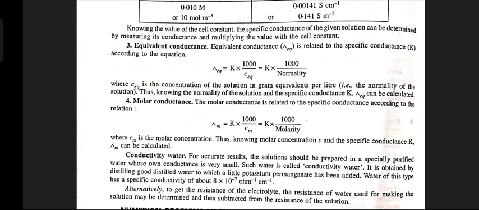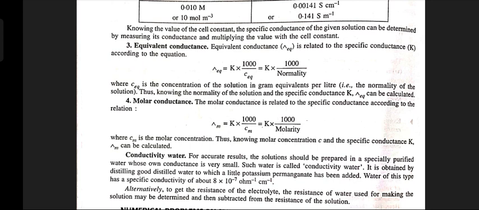According to the equation, lambda equivalent is equal to K into 1000 upon C equivalent, or K into 1000 upon normality, where C equivalent is the concentration of the solution in gram equivalent per liter. Molar conductance. The molar conductance is related to the specific conductance according to the relation lambda m equal to K into 1000 upon molarity, where Cm is the molar concentration. Thus, knowing molar concentration C and specific conductance K, the lambda m, that is molar conductance, can be calculated.